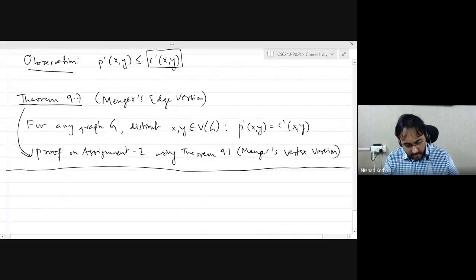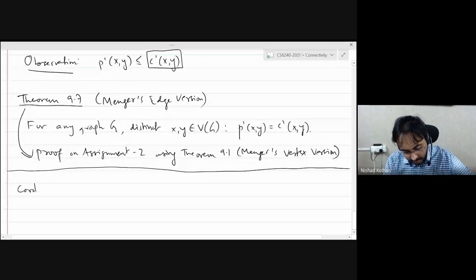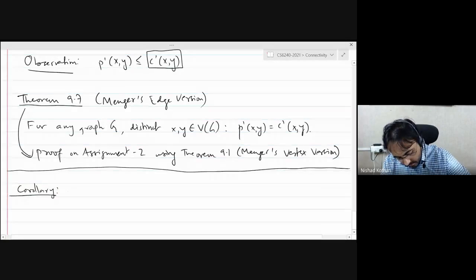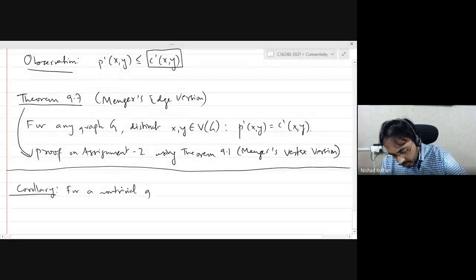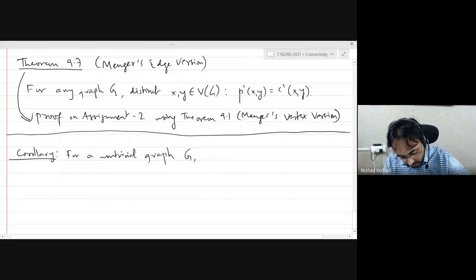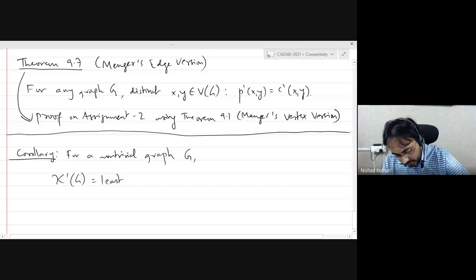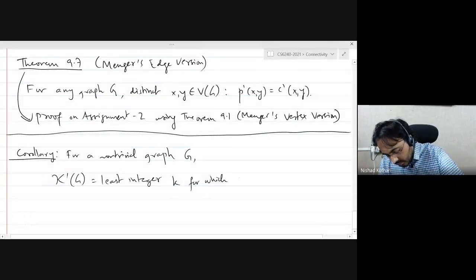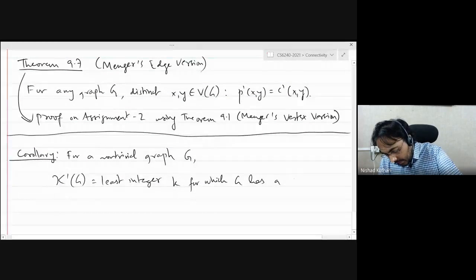Good. Quick corollary, and that will be the end. I'm already over time, sorry. A quick corollary is that for a non-trivial graph, notice that here you don't need to make an exception for the complete graphs. It turns out to be slightly cleaner than vertex connectivity. The edge connectivity is the least integer K for which G has a K cut.